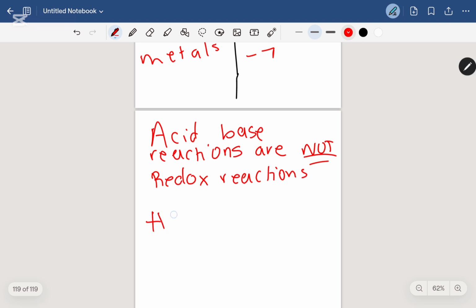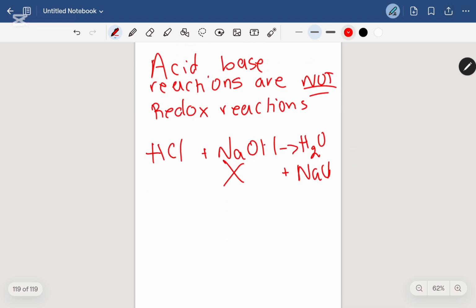For example, HCl, in addition to a base, which is NaOH, it will give us what? Water, H2O, plus NaCl. This is not redox, okay? It is just a neutralization reaction.